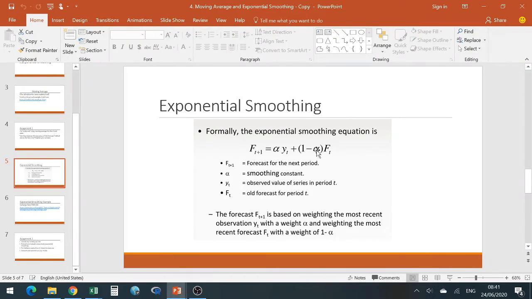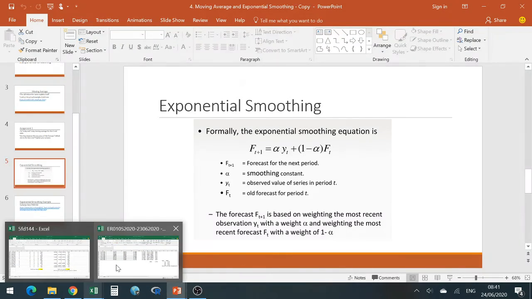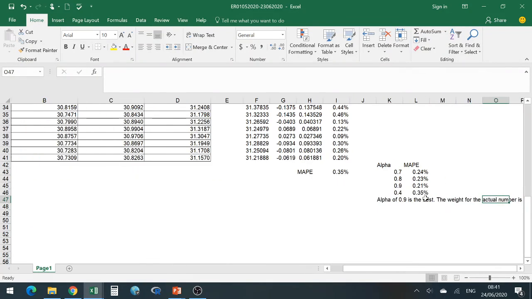It's a matter of how much weight you put on each. In my case, if you put more weight on the actual number, the forecasting gets better. But in some cases, maybe the actual number is less important and the forecast number is more important, so alpha can be small. For example, if alpha is 0.1 for the actual number, then 1 minus alpha is 0.9, so 90% is put on the forecast number. So that's what the interpretation can look like.